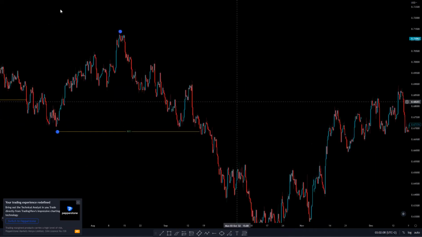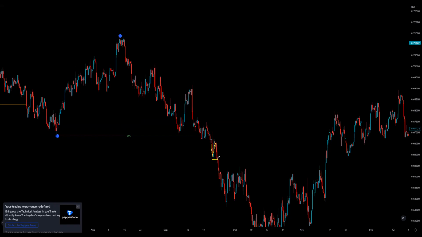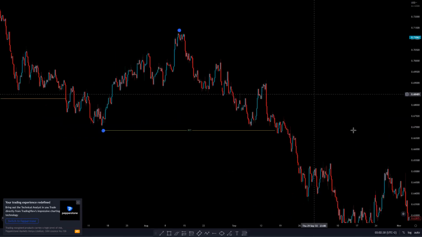Now the question will be, how big of a pullback should we say is structure? Like for example, this pullback here, can we say the price broke structure here? That's a question that I'm probably the one that should answer.